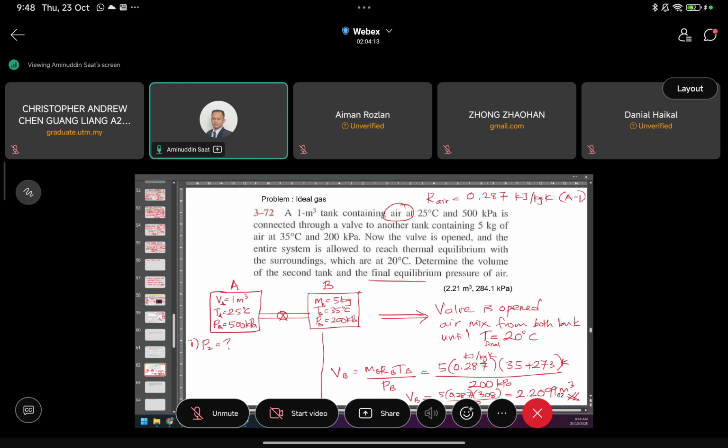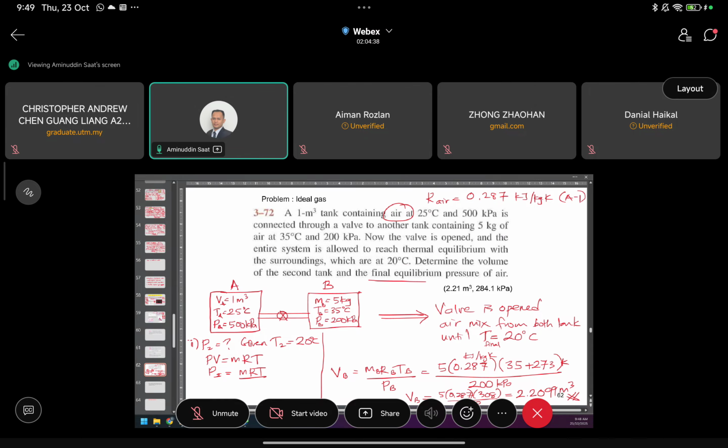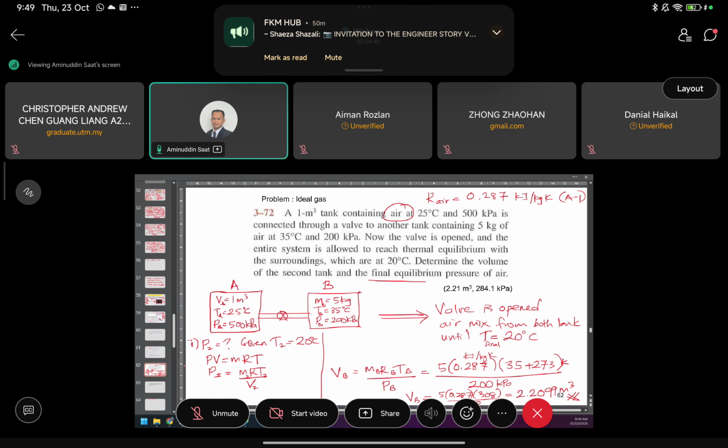Given only T2 is at 20 degrees Celsius, you are using the ideal gas equation, PV = mRT. So to find the P2, you need mRT divided by V, so m2 R T2 divided by V2. So you got the T2, you need to find the m2 and V2.